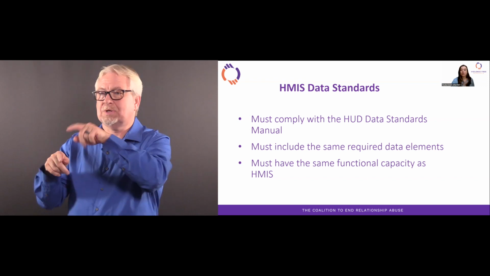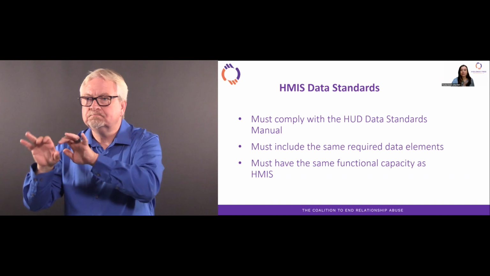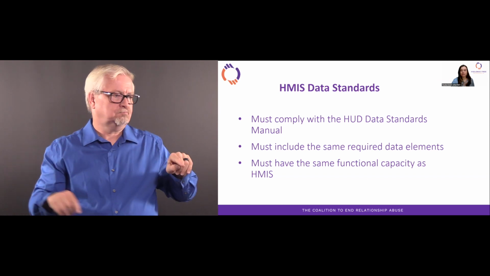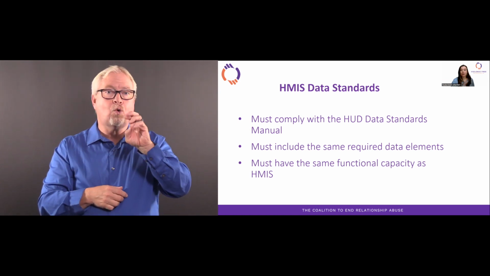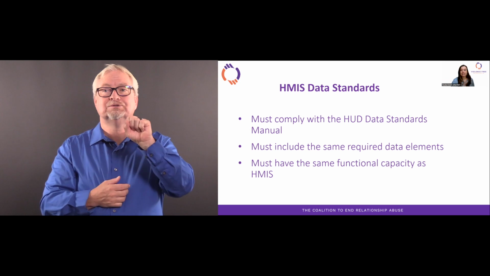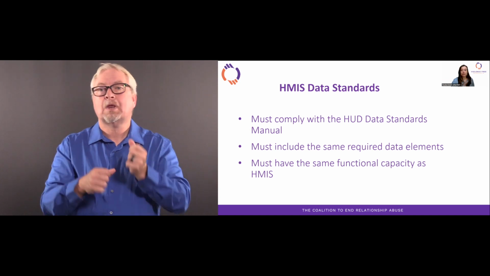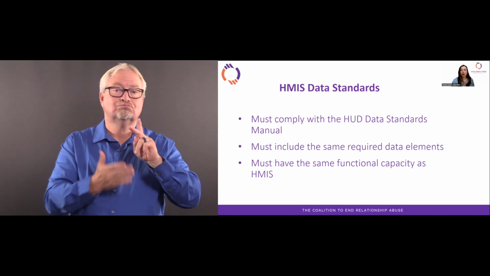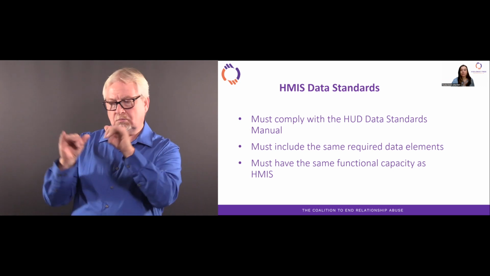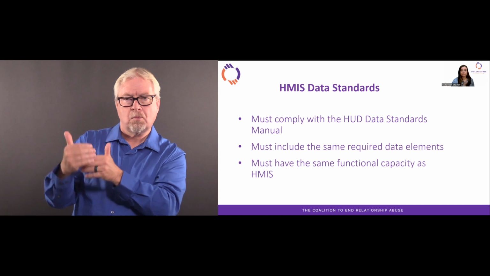It must also allow the user to enter specific data at multiple data collection stages. For example, record creation, project start, status update, annual assessment, and project exit to support reporting and performance measurements.